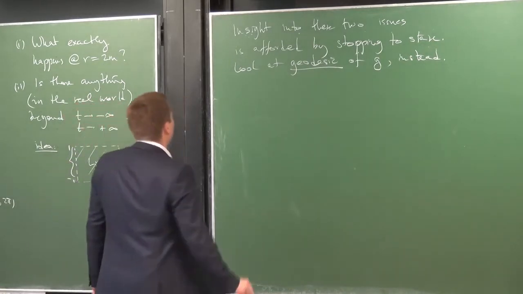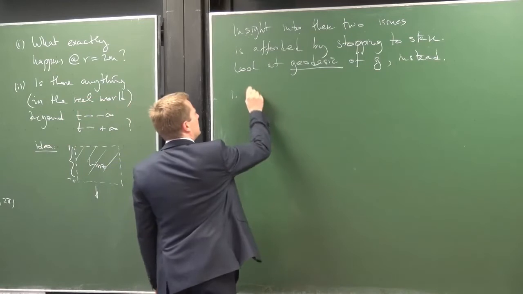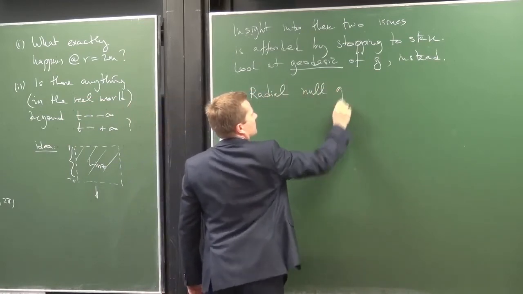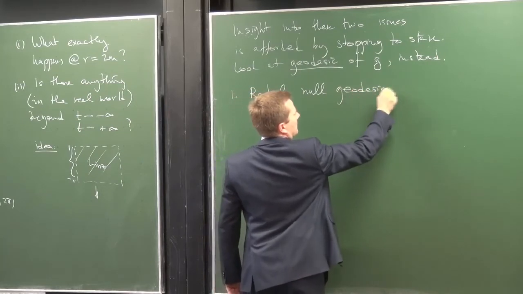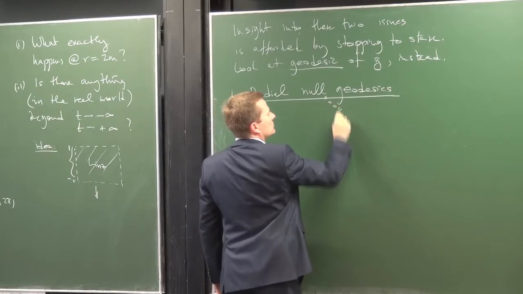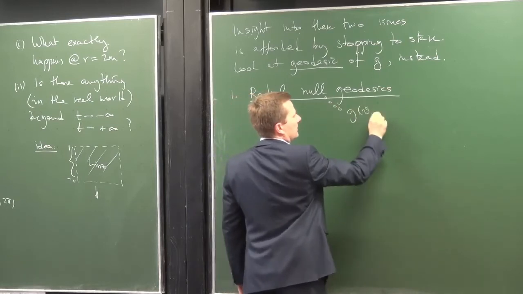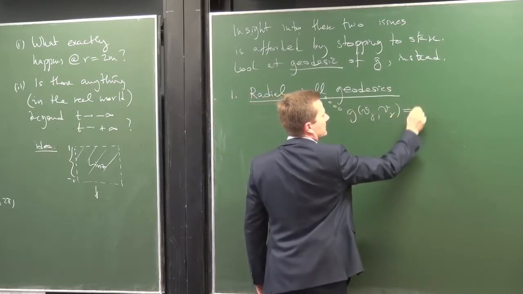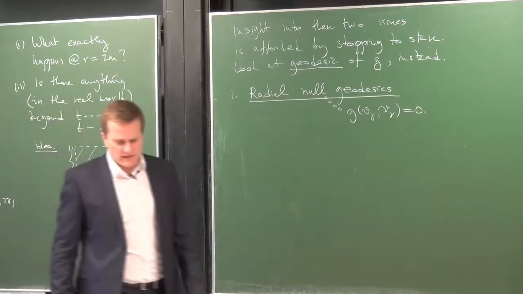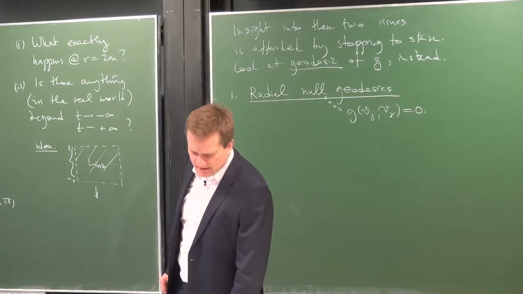Okay, so what we do, first section, is we look at radial null geodesics. Now this is just terminology. A null geodesic is a geodesic whose tangent vector at every point is null. That's a null geodesic. It's the world line of a massless particle.